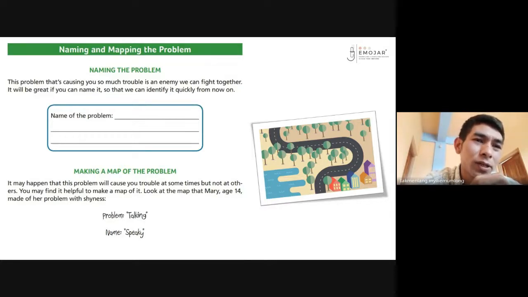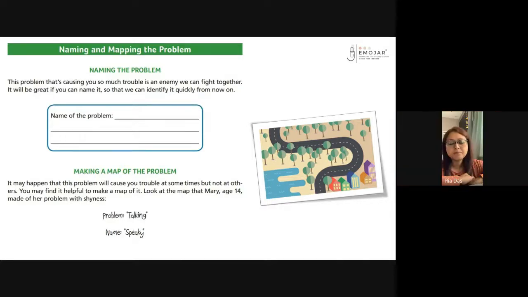All right. So you're doing a particular degree and then you don't get the appropriate job which you want, or the appropriate position which you are looking for. All right. So with that, keeping that in mind, name your problem.